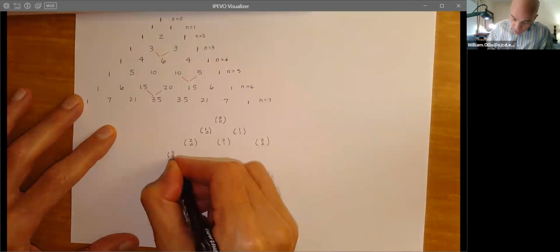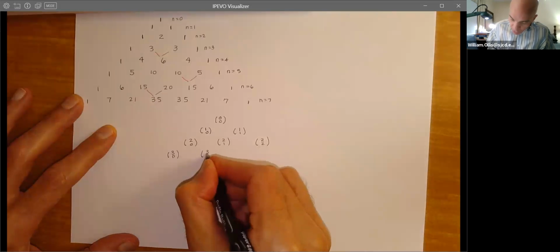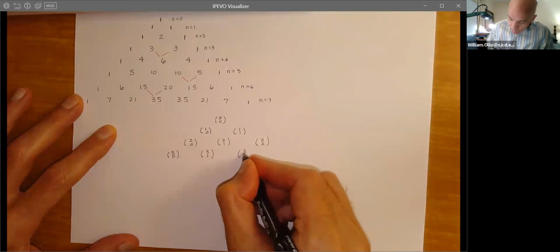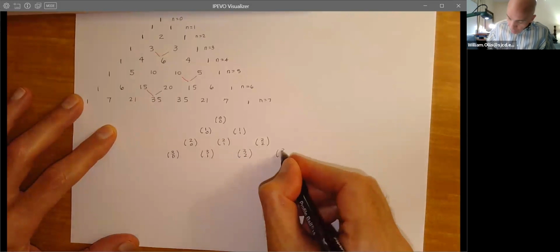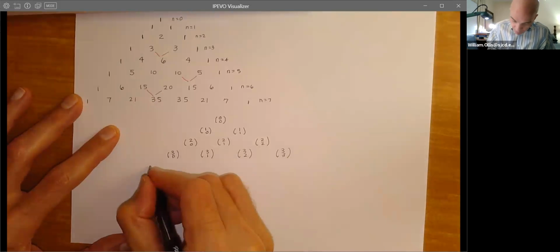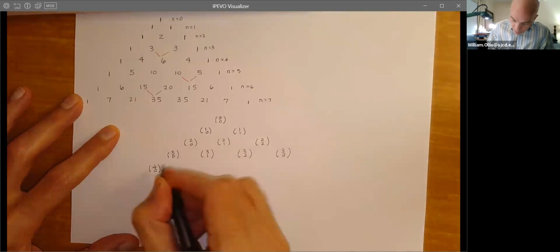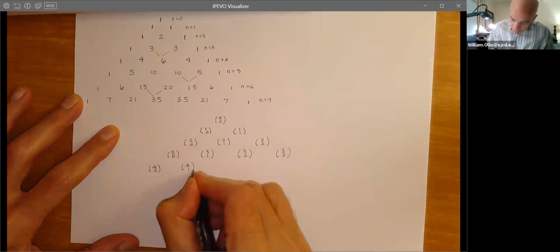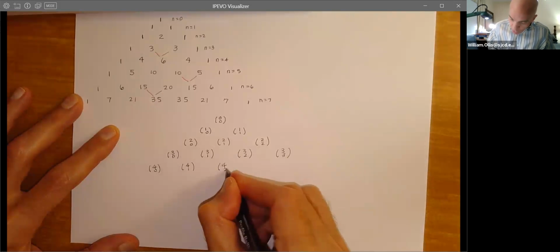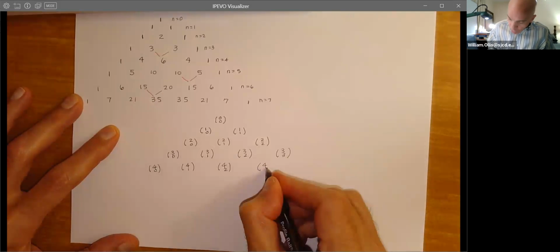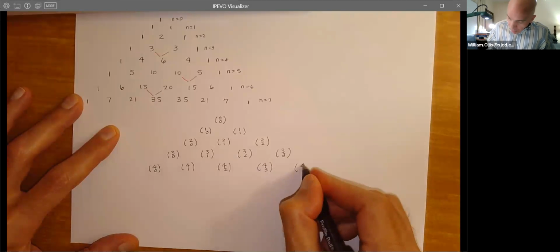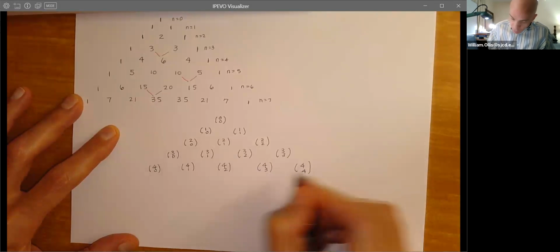And then we'll have 3 choose 0, 3 choose 1, 3 choose 2, 3 choose 3. Keep going. 4 choose 0, 4 choose 1, 4 choose 2, 4 choose 3, 4 choose 4. Do another row.